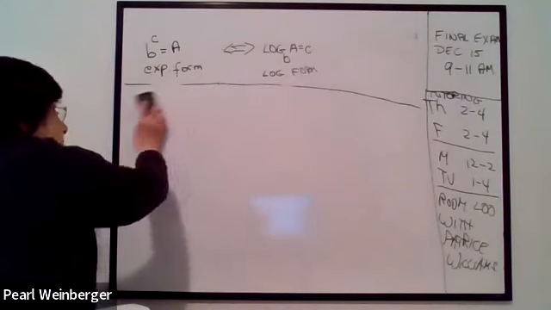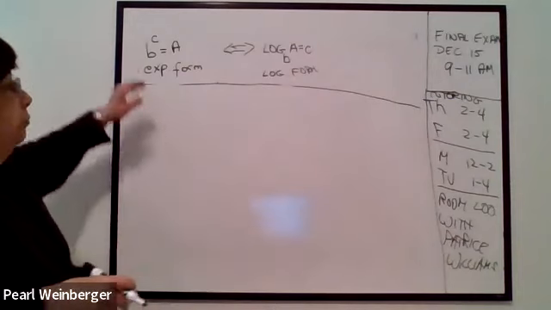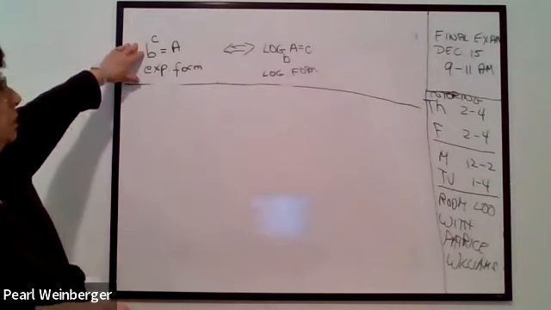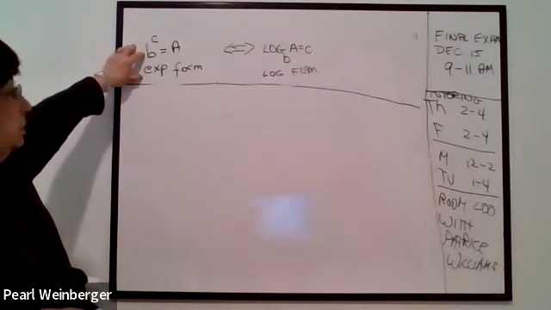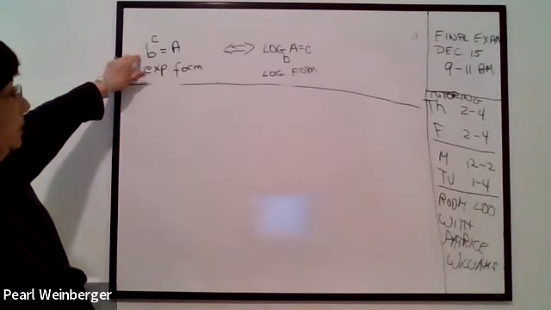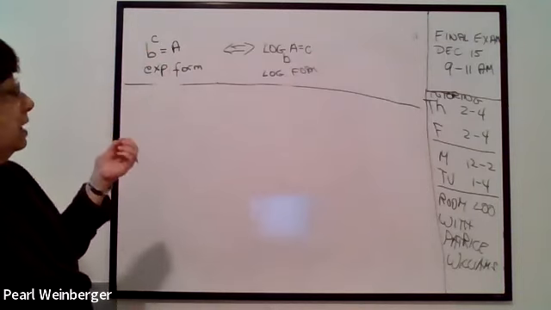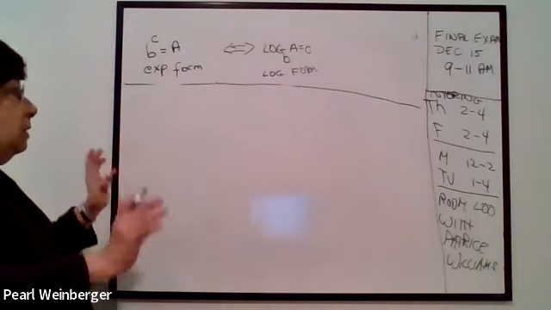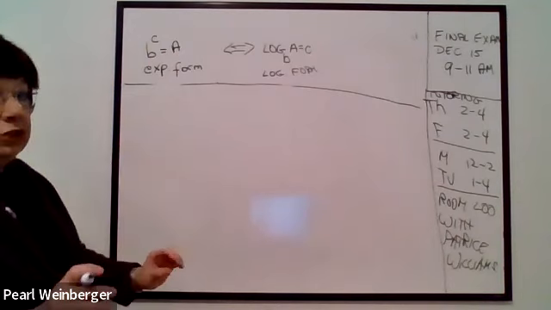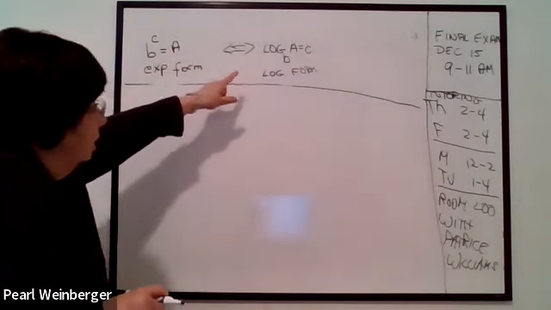Now, if you were here on Friday or the day before, we talked about exponential equations and things that are in exponential form, something like b to the c equals a. We can say the exact same thing in what we call logarithmic form. It's telling us the same exact information, it's just in a different format, where we write the word log.